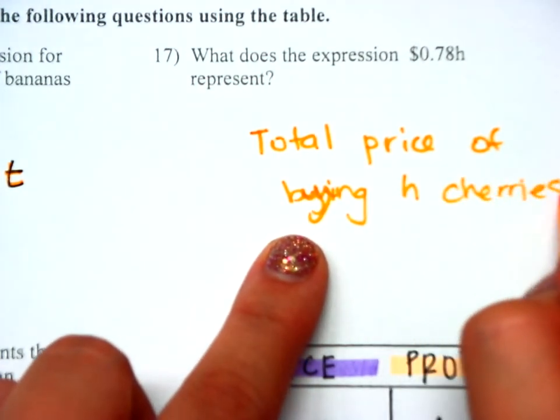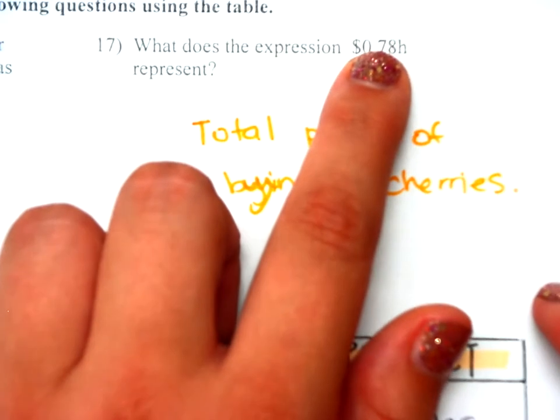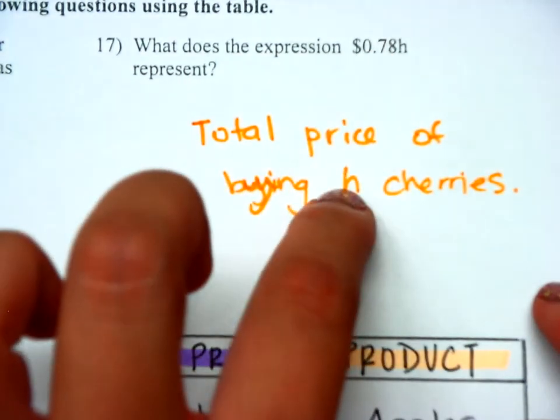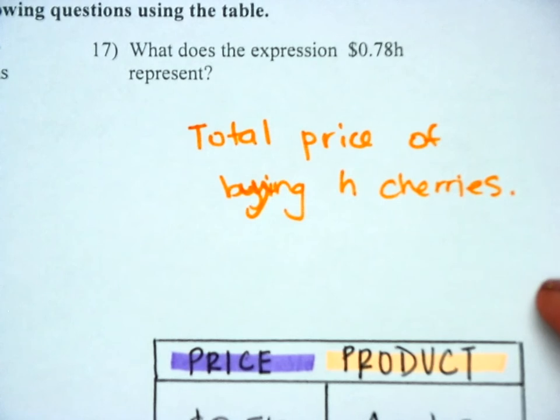So we don't know what number that is, but we know that if we take the price of one and we multiply it by H cherries, whatever that number ends up being, it'll give us the total price of them. All right, last question for this table.